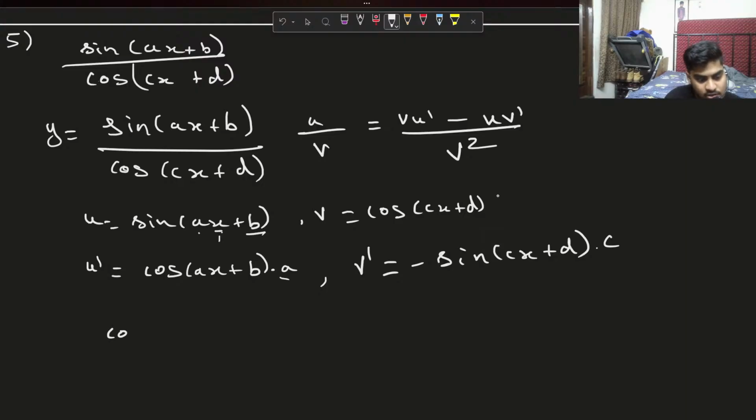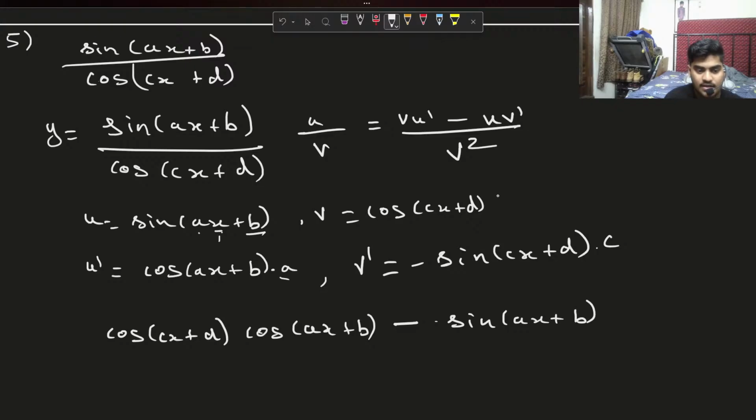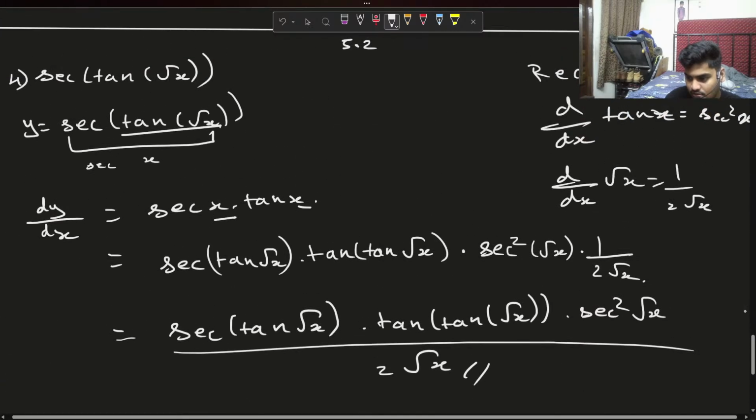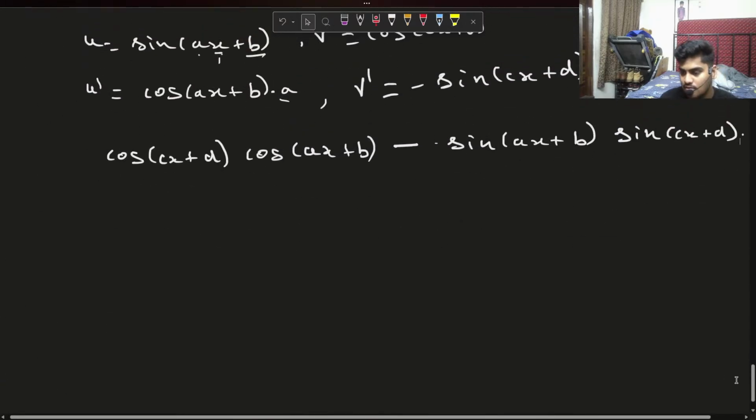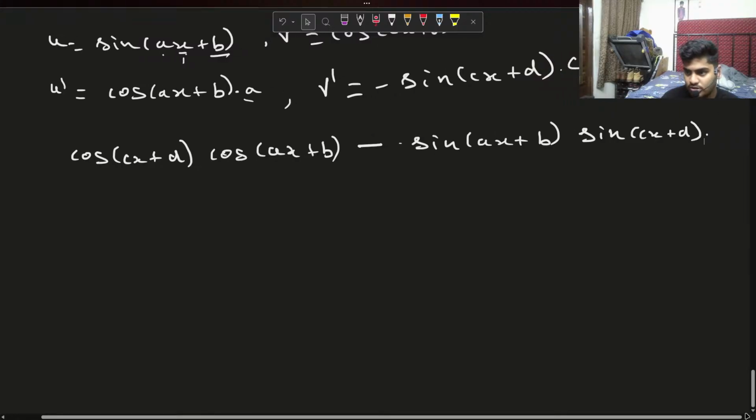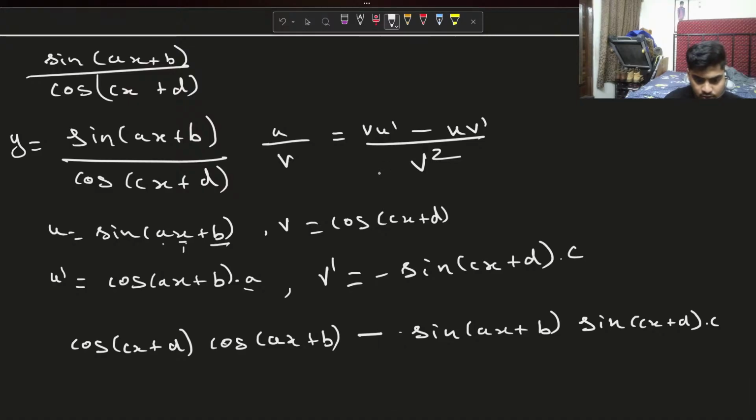What is v? It is cos of cx plus d. Then u dash is cos of ax plus b. Next, u is sin of ax plus b. Then v dash is sin of cx plus d into c, and into a.